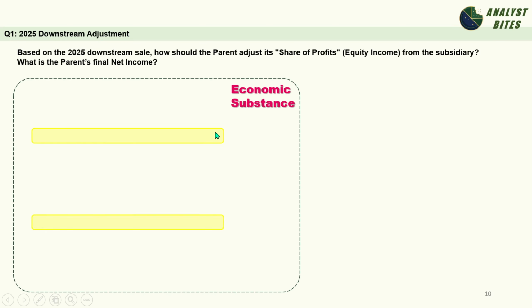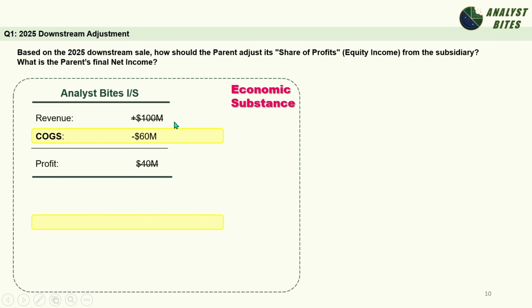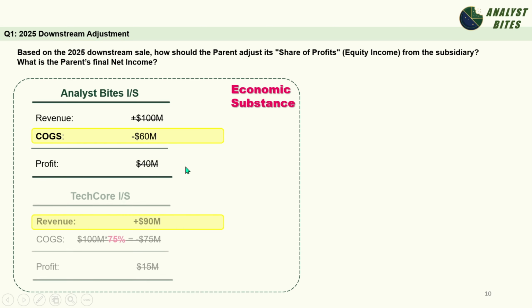The parent sold goods for 100 million with a cost of 60 million, recording a 40 million profit. The subsidiary bought those goods for 100 million and sold some to outsiders for 90 million. Since it only sold 75% of the inventory, its cost is 75 million.